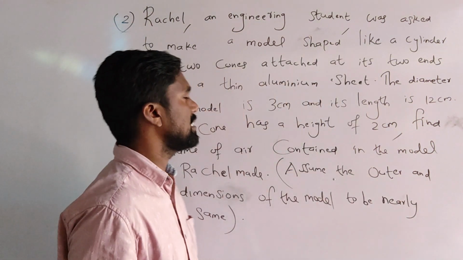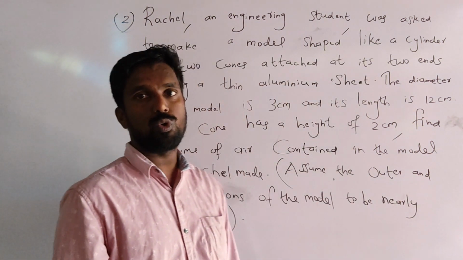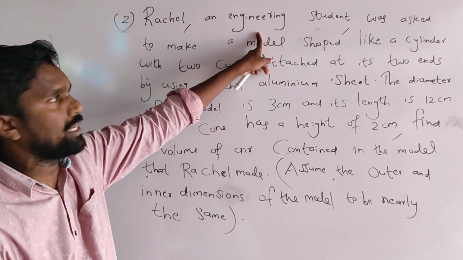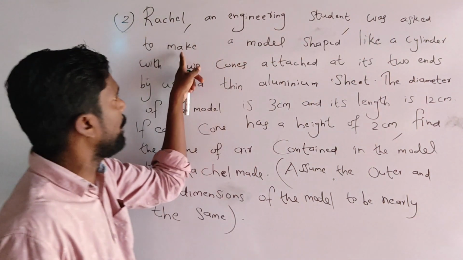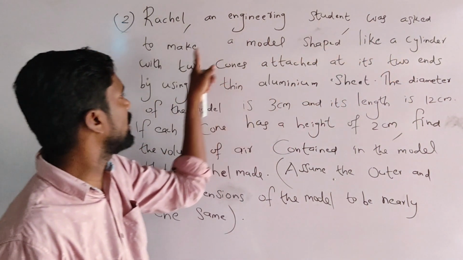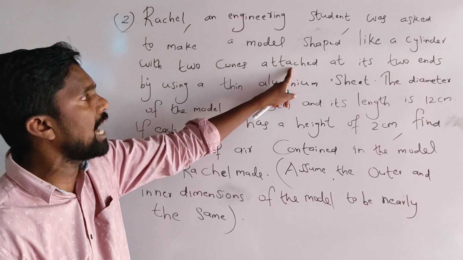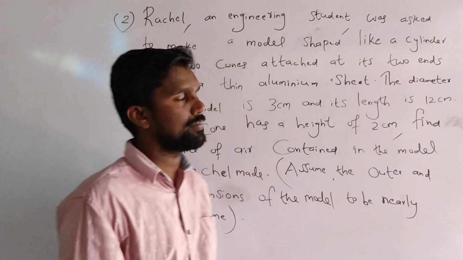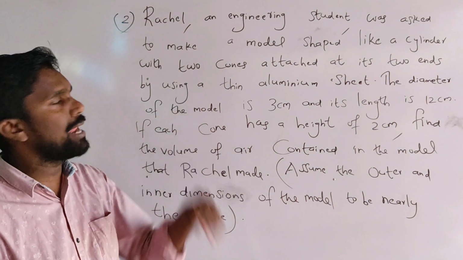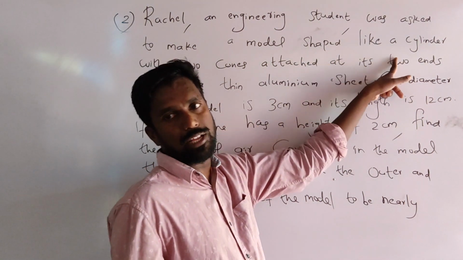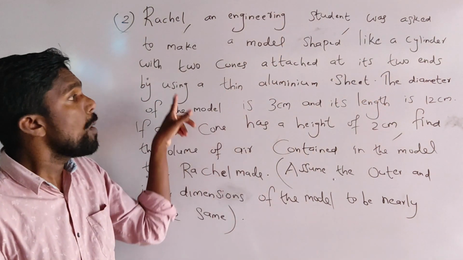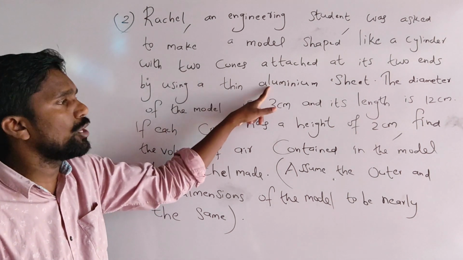Next we are going to discuss exercise 13.2 question number 2. Rachel, an engineering student, was asked to make a model shaped like a cylinder with two cones attached at its two ends, using a thin aluminium sheet.